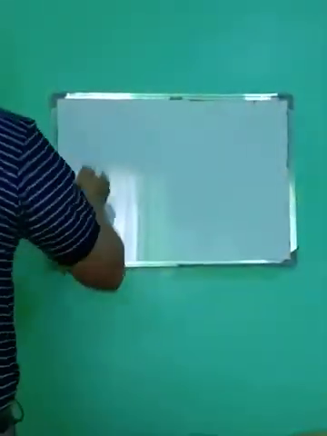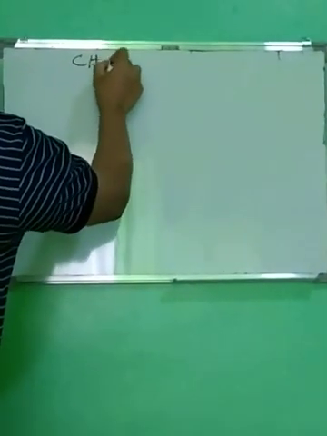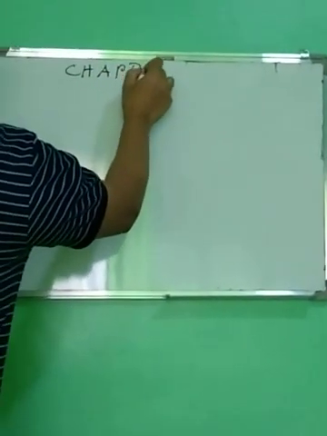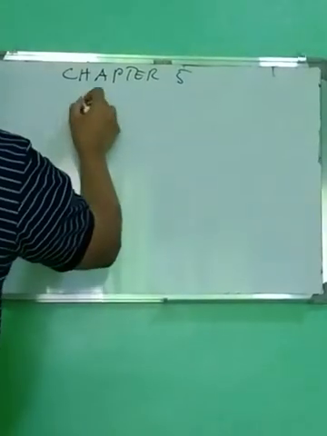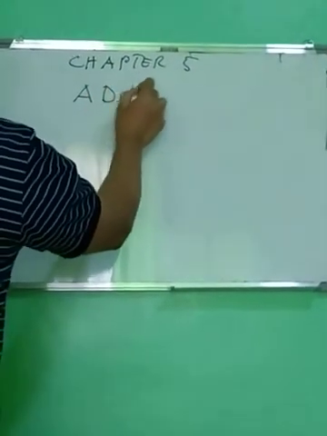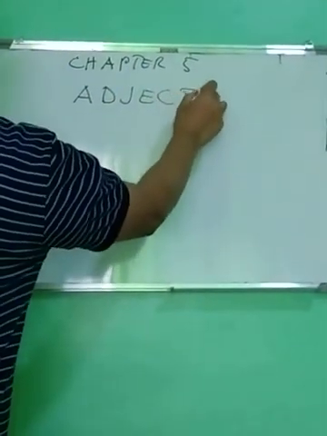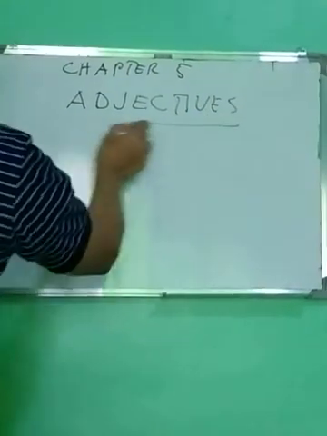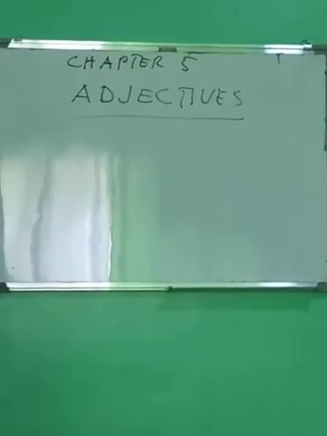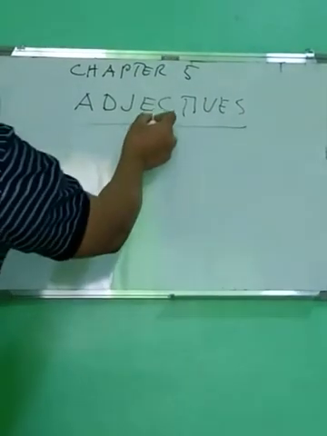So we are through with chapter 4. We proceed with chapter 5, which is a discussion of what we call adjectives. This is another part of speech that you should know. What are adjectives? Anyone? Who could tell me what adjectives are?